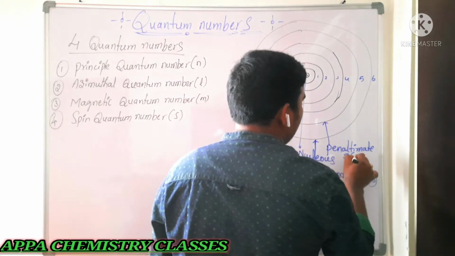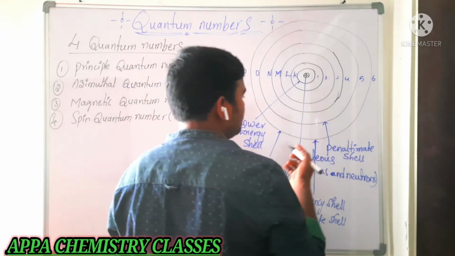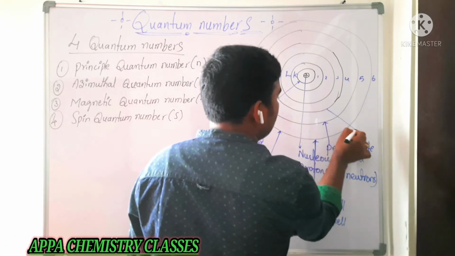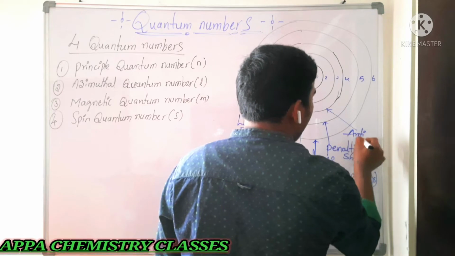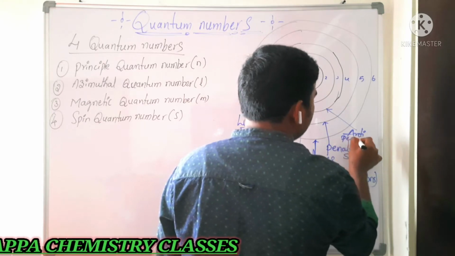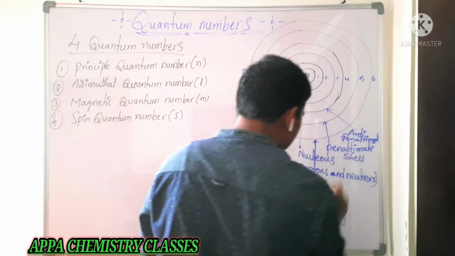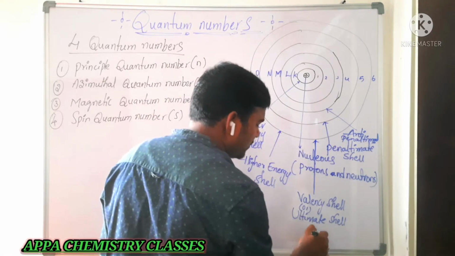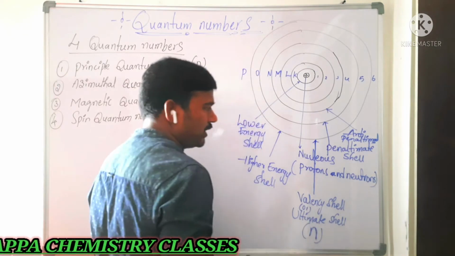Before the penultimate shell, whatever the energy shell is there, that is called the anti-penultimate shell. Now the valency shell, the outermost shell, is represented with a small n.